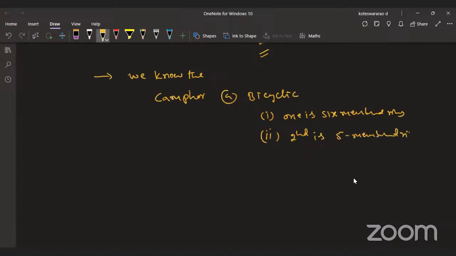And second point, the keto group is adjacent to the methyl group.